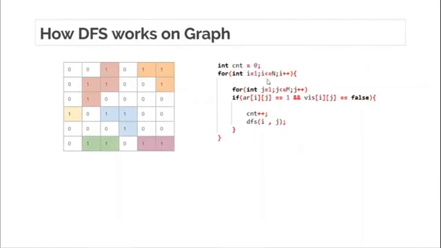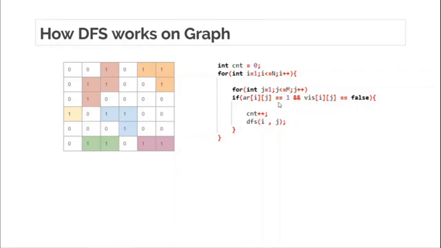So instead of running a loop for each node, of course we do not have nodes here, we will run a loop for every single cell. So we are running an n square loop, in fact an n cross m loop, and see whether the i comma j cell is visited or not. If that is not visited, and of course it is equal to 1, because we cannot step on any node which has value 0, so we cannot make a DFS call to a node having value 0.